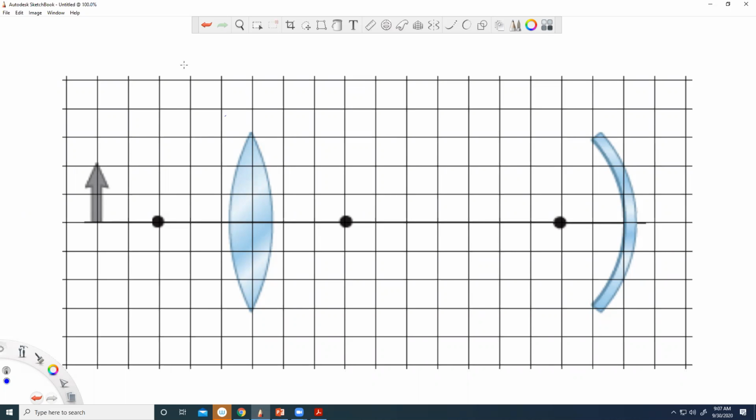You need to draw the lines with a ruler. If you draw freehand, you won't get the right position for the image. So draw a straight line and hit the center of the lens. Okay, the ray is bent at the center.